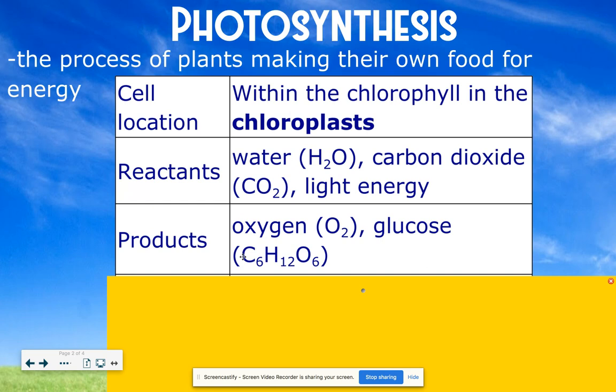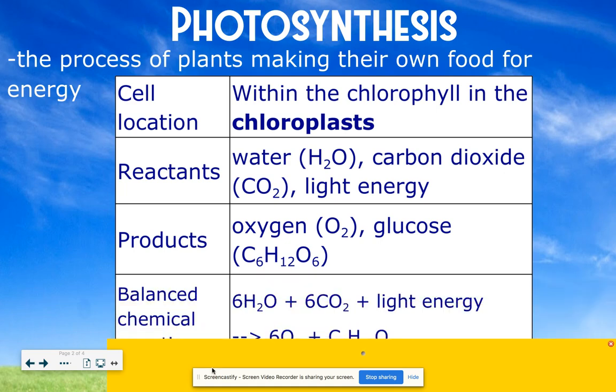Some textbooks and videos might call this sugar. It is technically sugar. That's the chemical formula for sugar. But it's not sugar the way you think of sugar, the way there's sugar in cookies and popsicles and candies. It's different than that, even though some people might call it sugar.